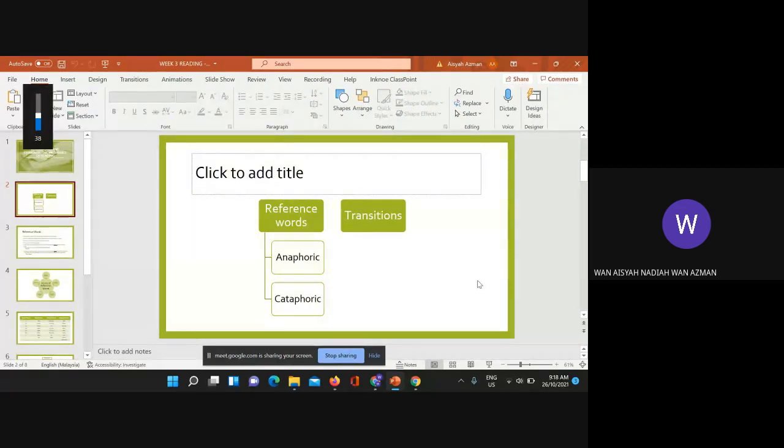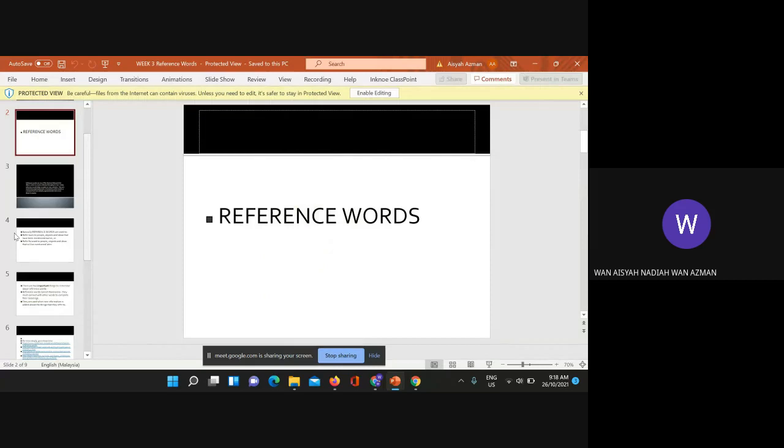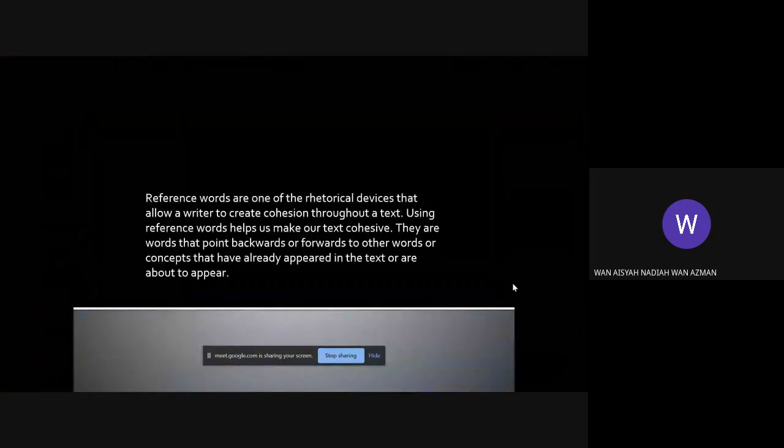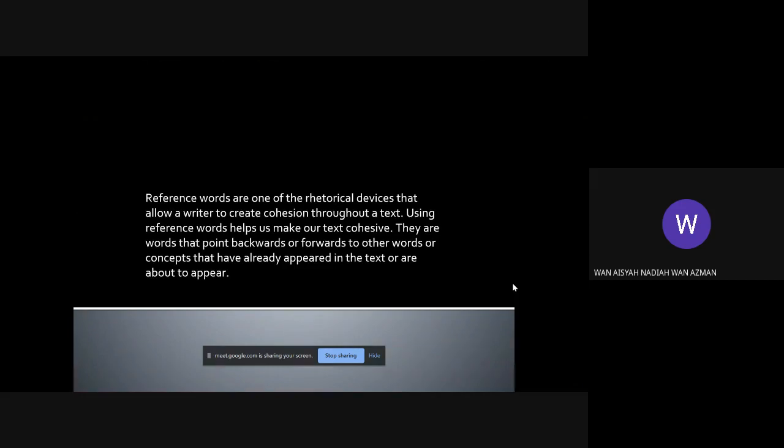And then the other one would be the reference words. Reference words are one of the rhetorical devices that allow a writer to create cohesion throughout the text. So using reference words helps us to make our text cohesive.